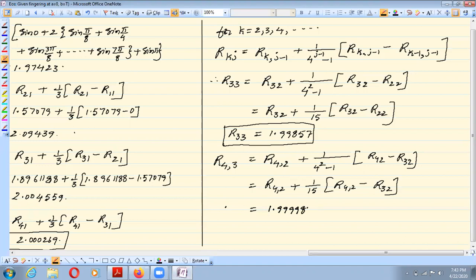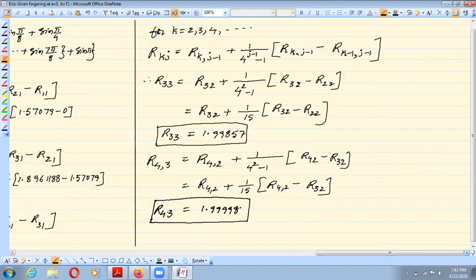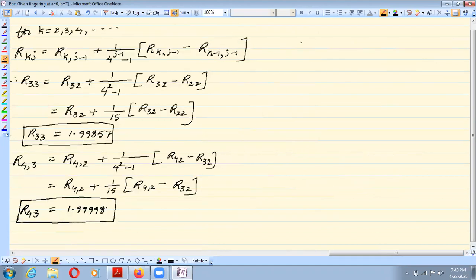Next, so 3 is over. Finally, what we have to find out is R44. Now R44 is equal to, what is the formula? R43 plus 1 by 4 power j minus 1, that is 4 power 4 minus 1, 3 minus 1, into R43 minus R33.